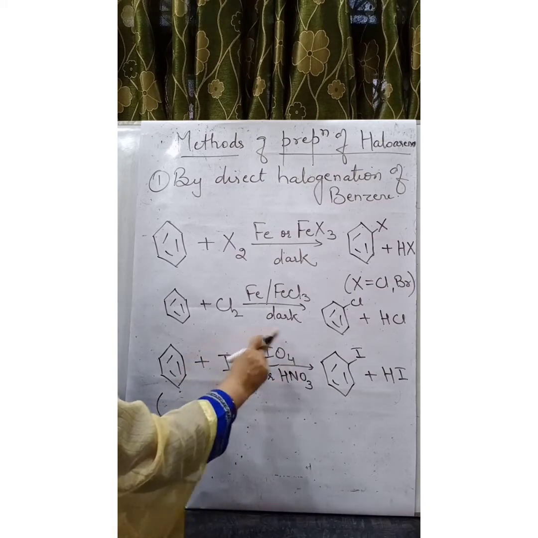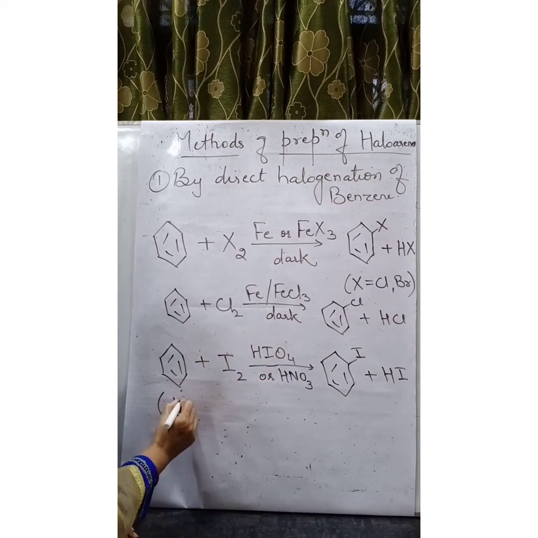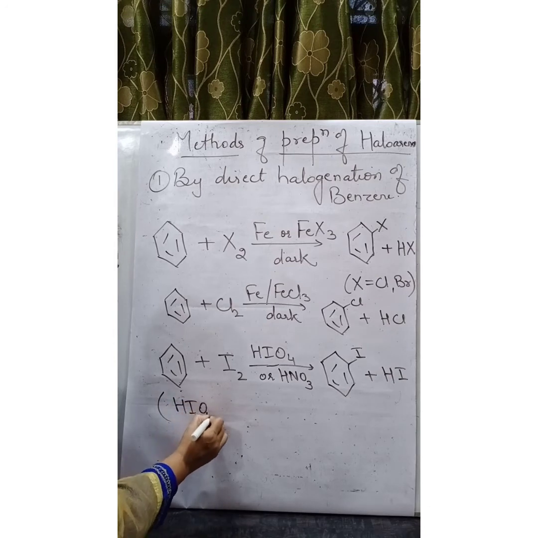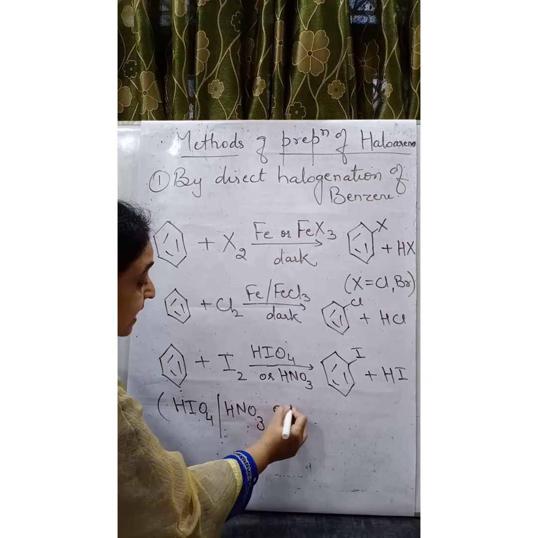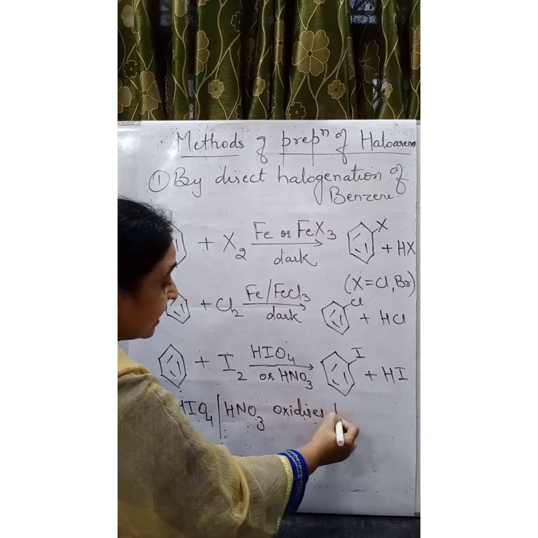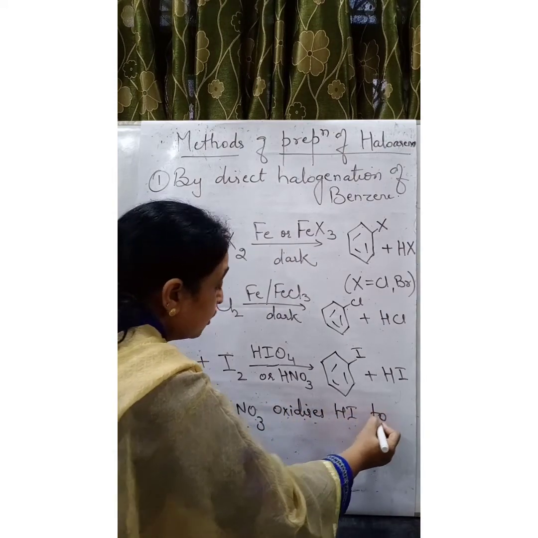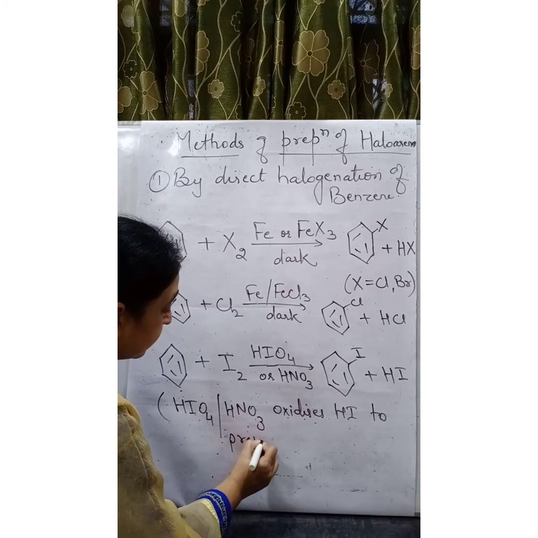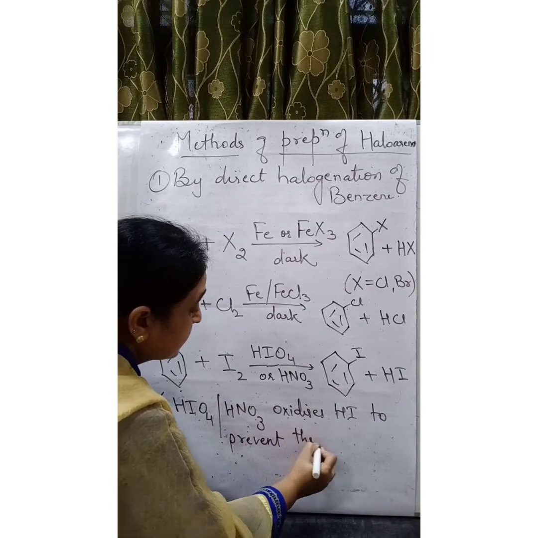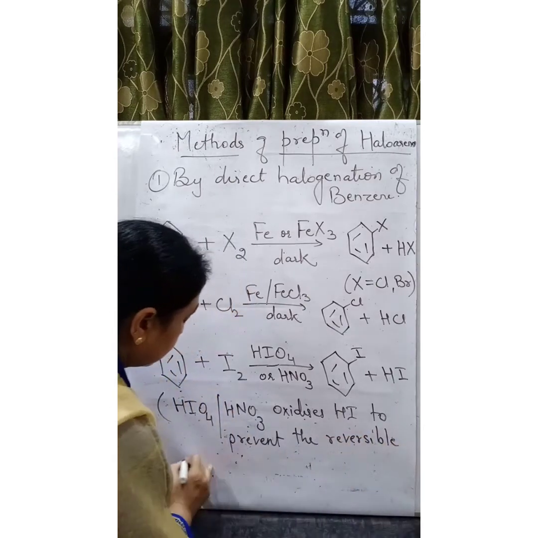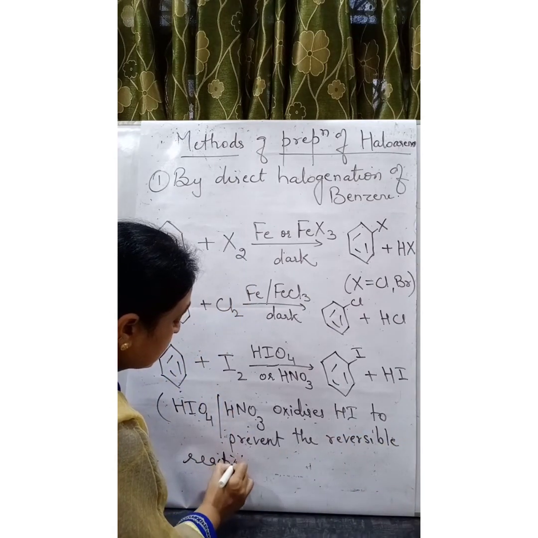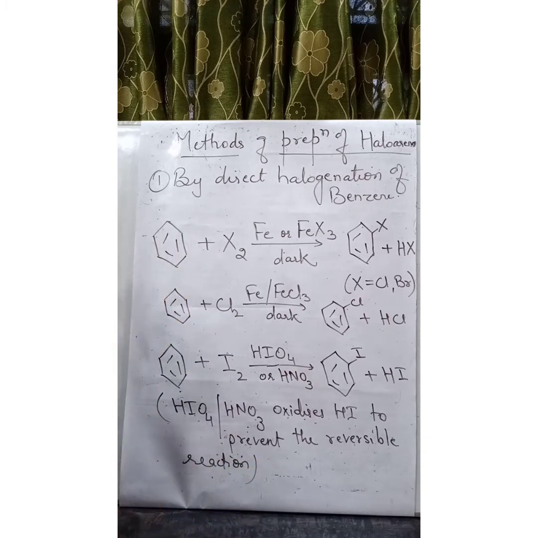So this HIO4 or HNO3 oxidizes HI to prevent the reversible reaction. So this is one method of preparation of haloarene, that is by direct halogenation of benzene.